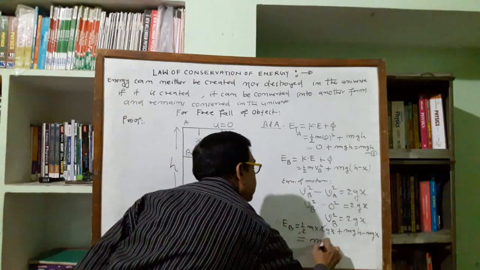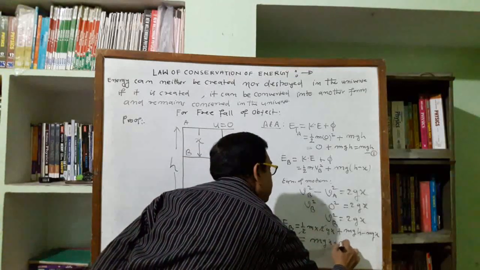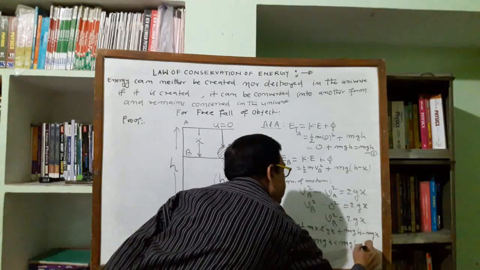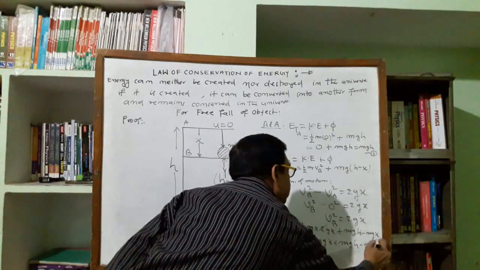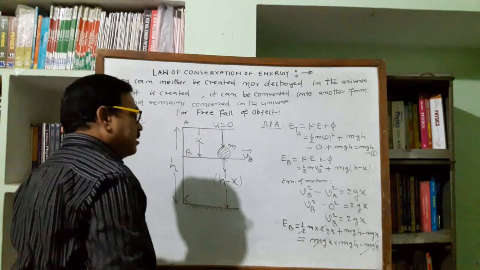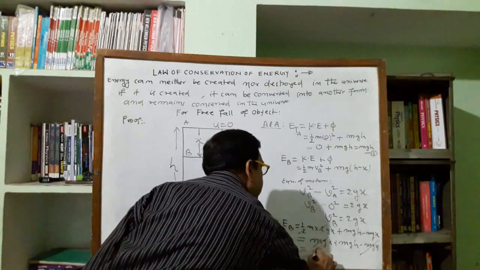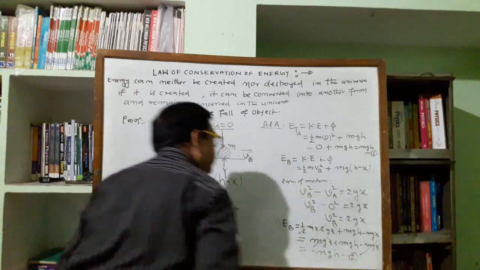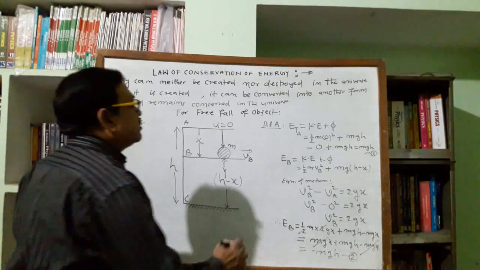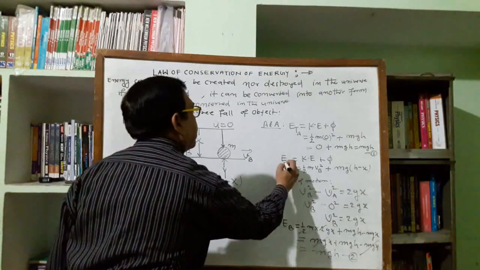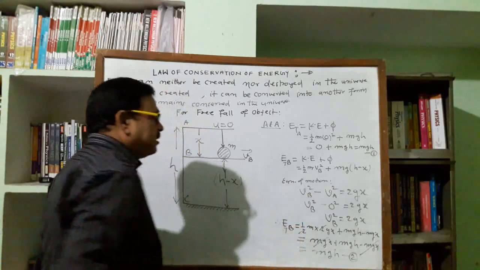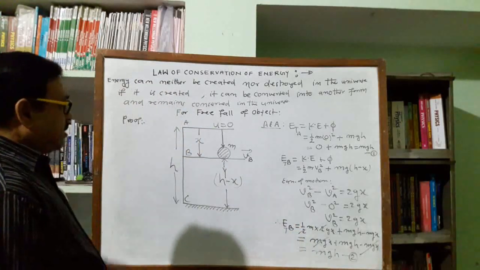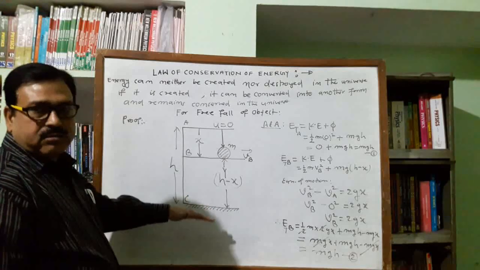We get mgx plus mgh minus mgx. We cancel out and we get the formula for total energy at B as equation 2: total energy at B is mgh.